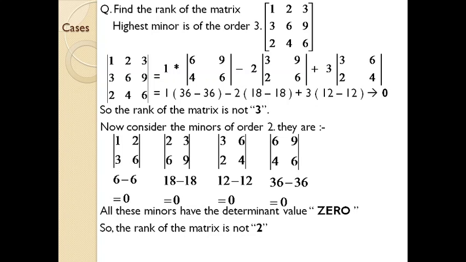And remember, when you are going for the next smallest rank, that is 1, in that case you need not find any determinant or minors, because if you are trying to find the rank of a particular matrix, and you have reached the computation of rank up to 1, then it is assumed that the rank of the matrix will be 1.